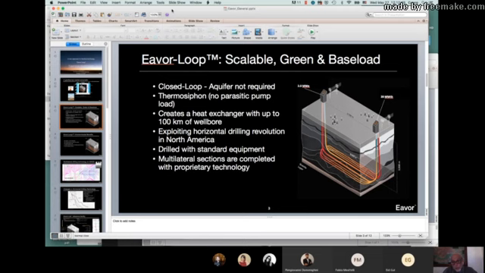So the combination of this kind of Eavor-Loop technology plus this thermoelectric effect is probably going to be the future of geothermal energy.